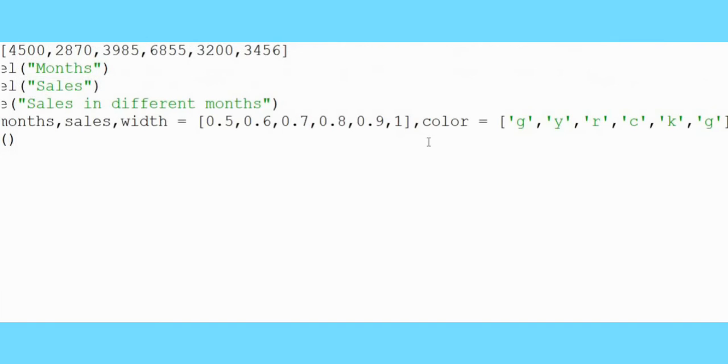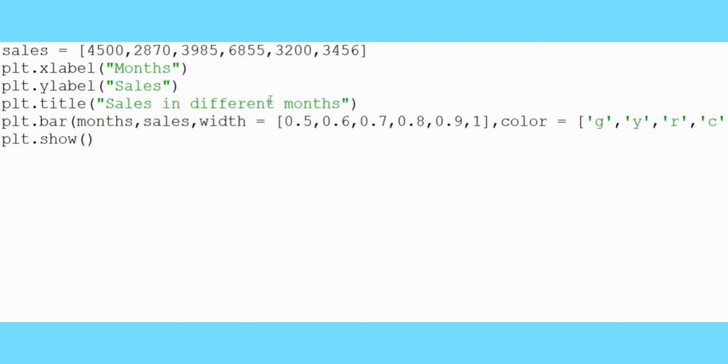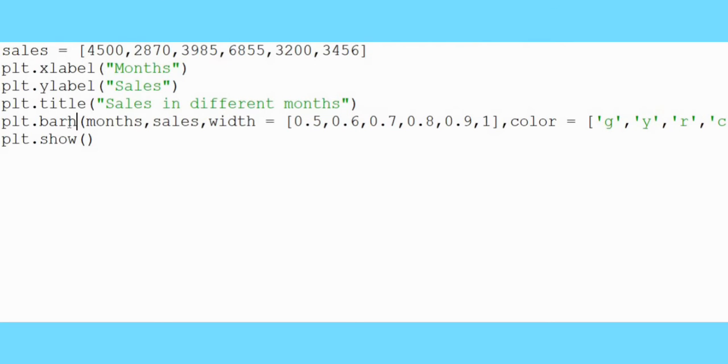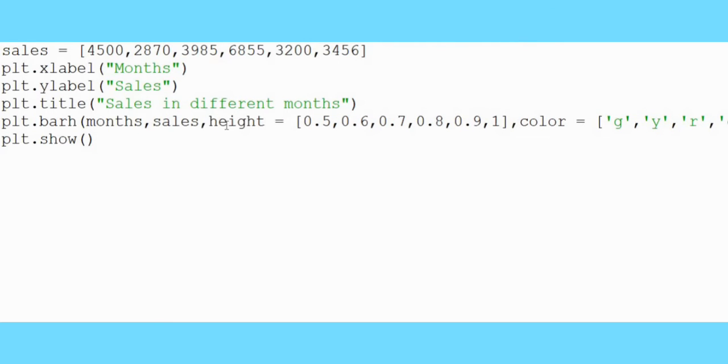We can specify the graph having horizontal shape as well by changing the bar function to barh function, and width would change to height. Since the orientation of the chart is changing, the x and the y axis would change.